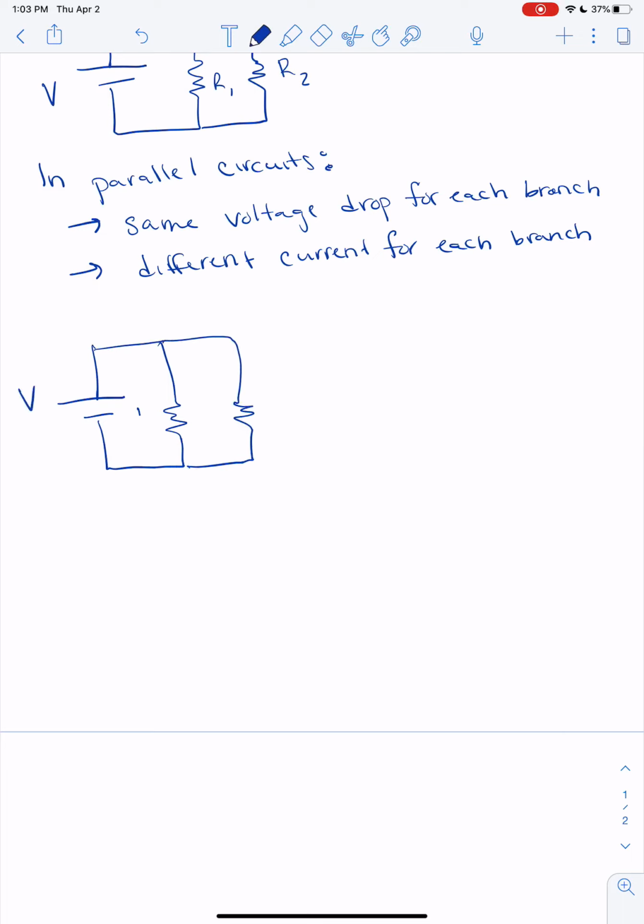Okay, we have voltage, we have R1, and we have R2, okay? And let's say we want to find the current through the voltage source. In this case it would be a battery. To do that, the first thing we need to find is our equivalent resistance.